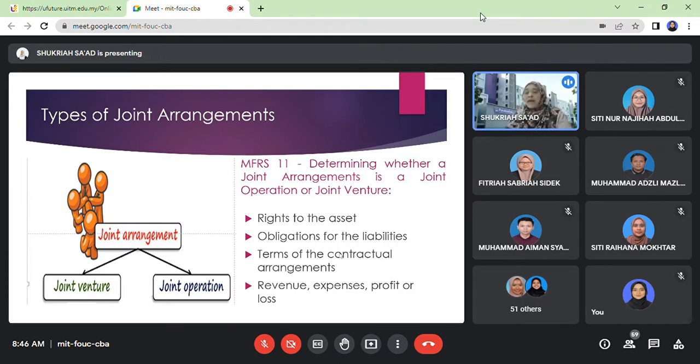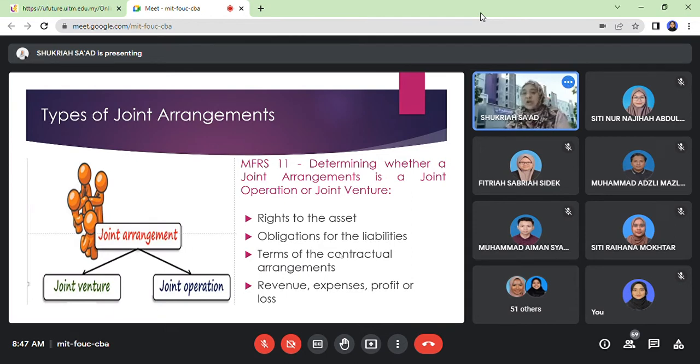The elements that we need to focus on to differentiate between them are, number one, their rights to the assets of the investee.